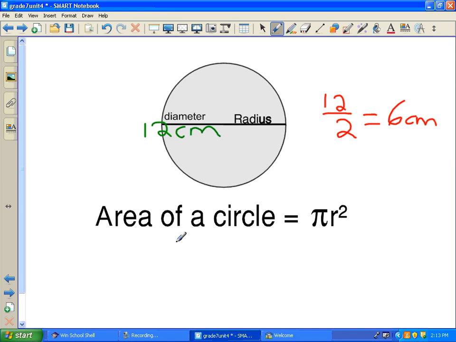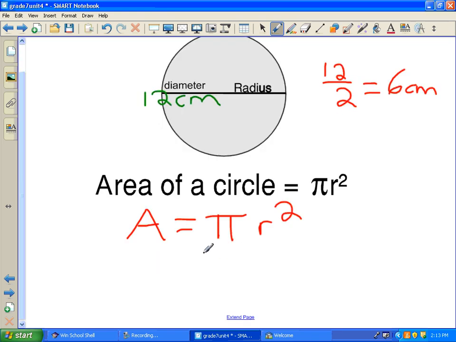So now let's put that into our formula. Remember, area equals pi r squared. So let's write out pi as 3.14. And let's work out r times r, which is 6 times 6.